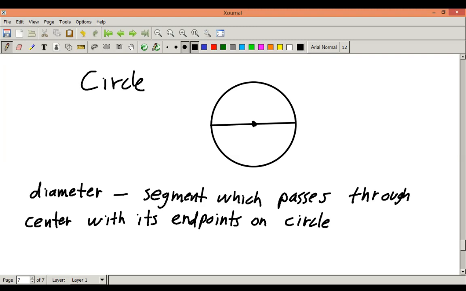So the diameter's got to be a line segment which passes through the center of the circle and has its endpoints on the circle. Compare that with the radius.